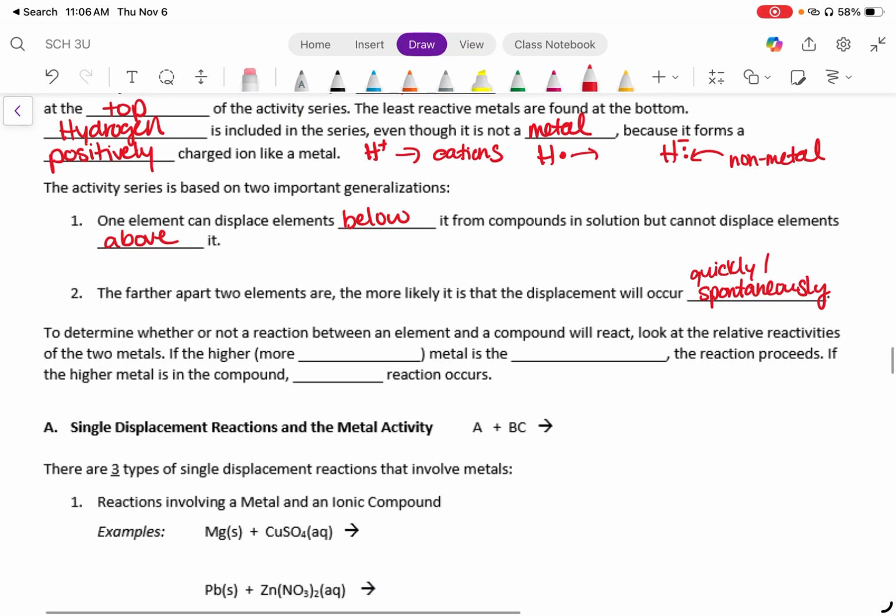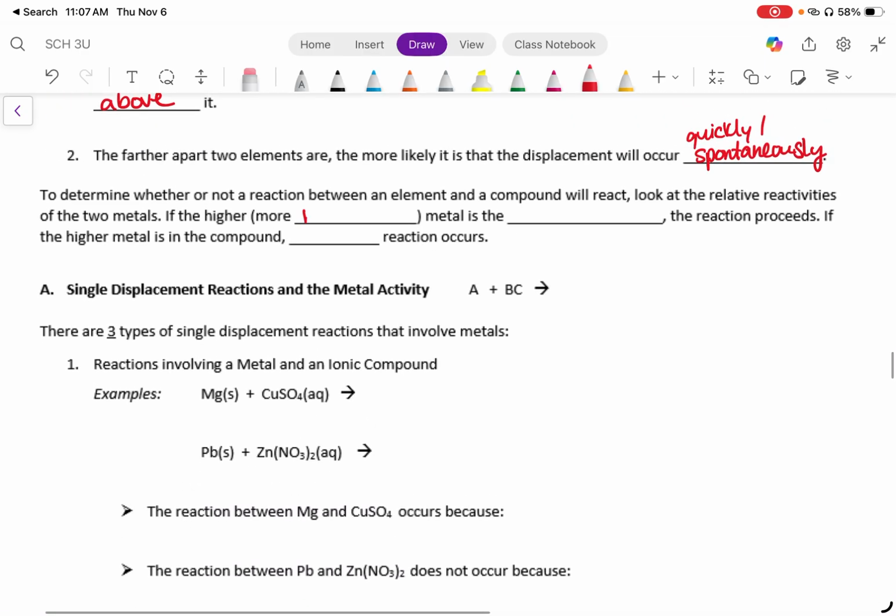Like I just explained, to determine whether or not a reaction between an element and a compound will react, look at the relative reactivities of the two metals. If the higher, so more reactive, I always like to think of it as stronger, metal, is the free element, notice how here it just has the opposite, but this one is by itself.